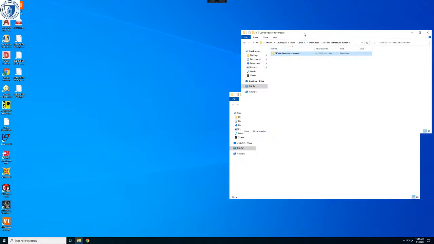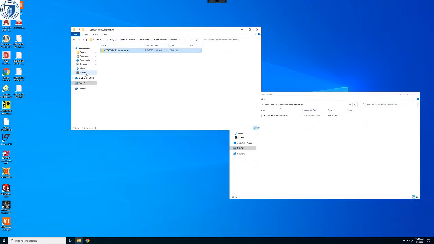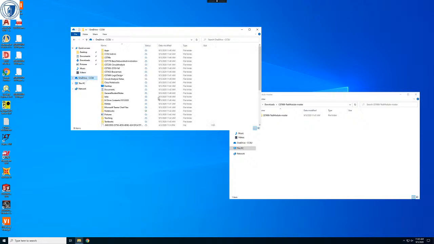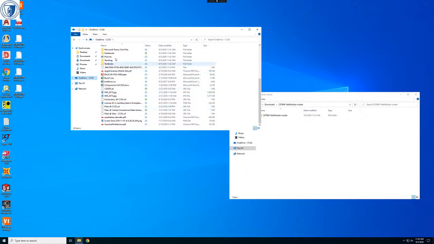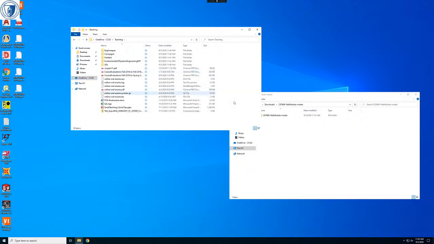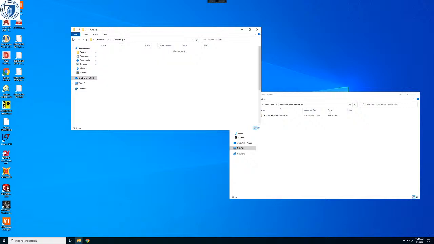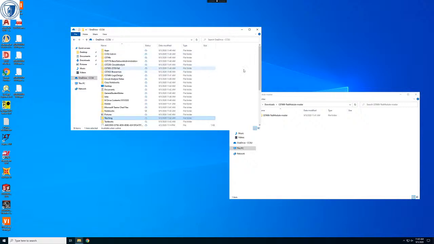What I'd suggest is once you've downloaded it, copy that download over to your OneDrive. It's the equivalent of your old M drive, right?